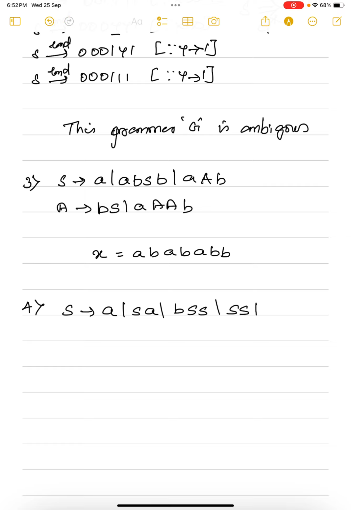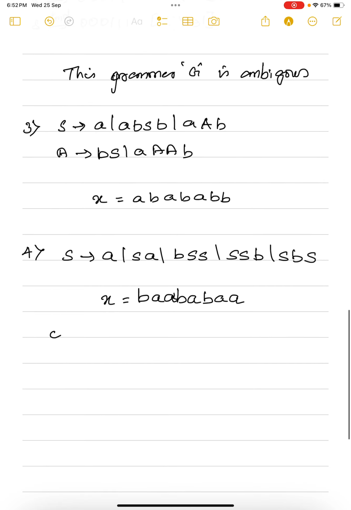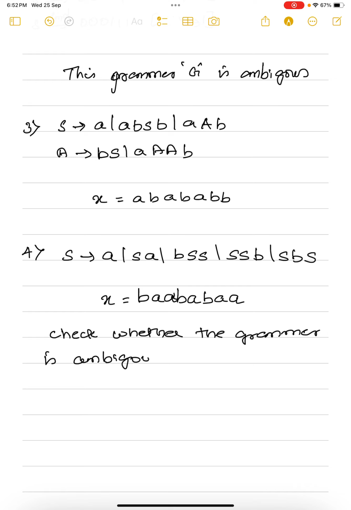The given input string is AABABAA. The question is, check whether the grammar is ambiguous or not. Practice both these problems to get a clear idea of what an ambiguous grammar is.